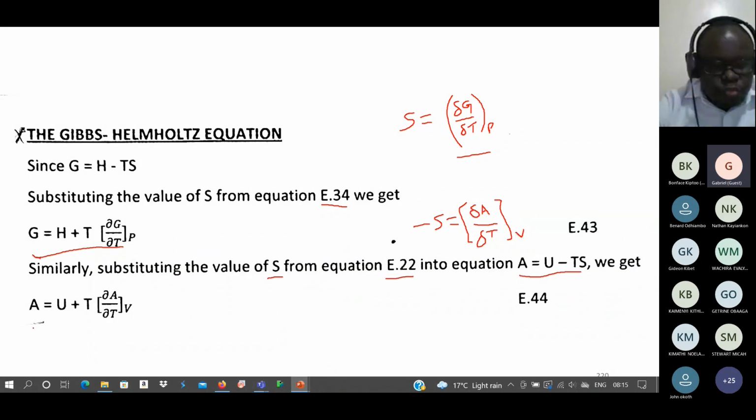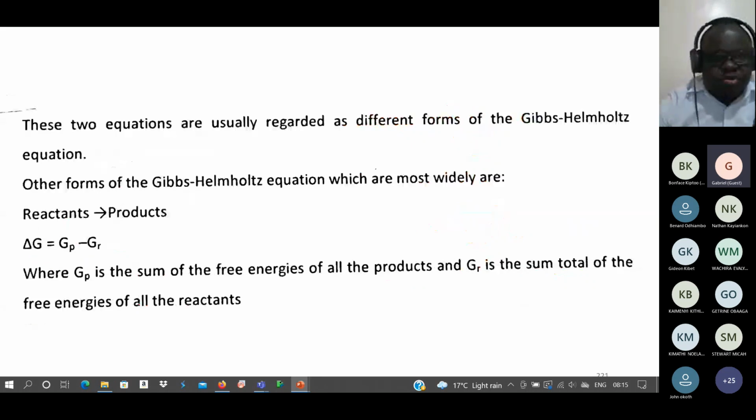A equals U plus T delta A over delta T at constant V. So those are the two expressions that you get.